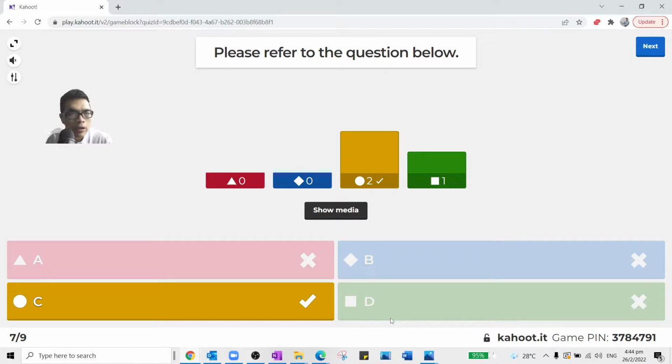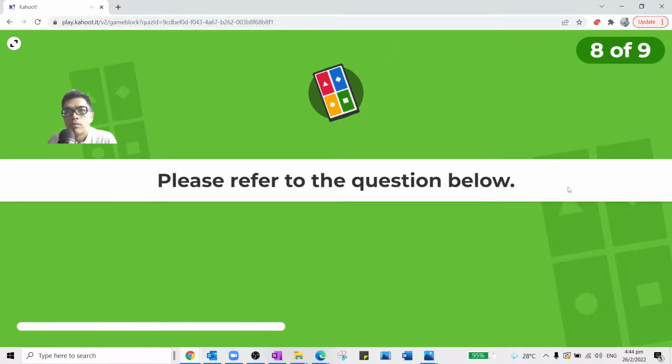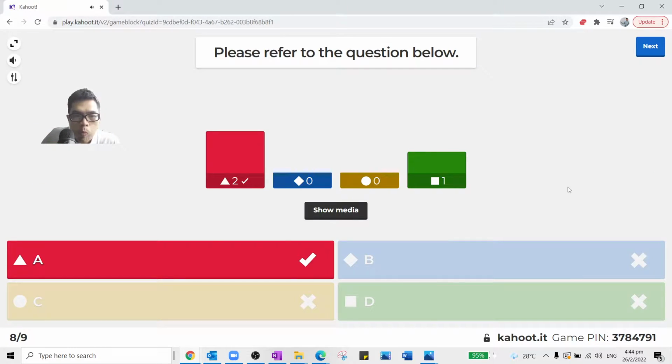Normative is subjective and cannot be tested. Only A is the correct answer. Underutilization.